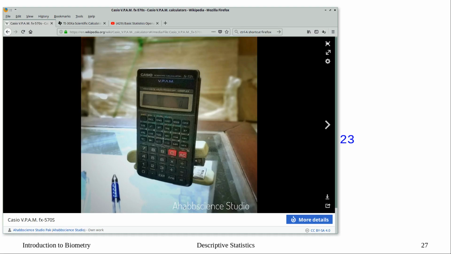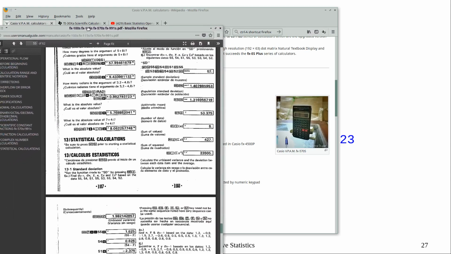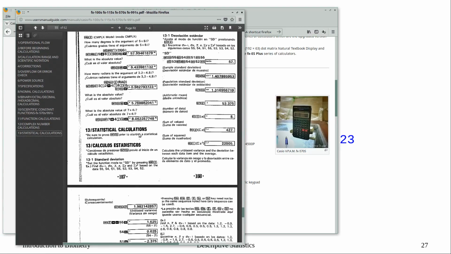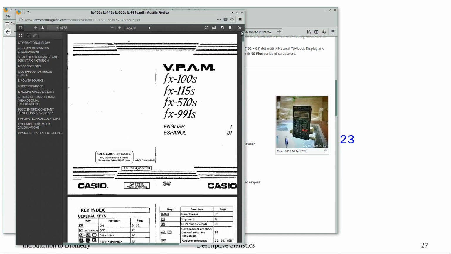How we would use it depends on the model. I searched for mine, and I can actually find my original instruction book. So I have that.